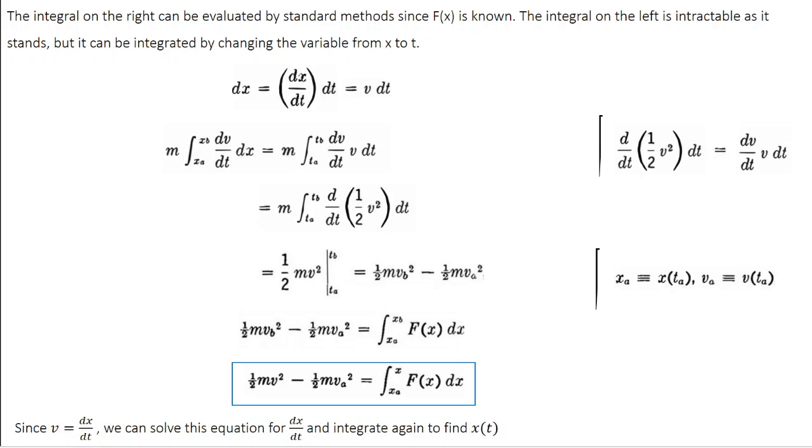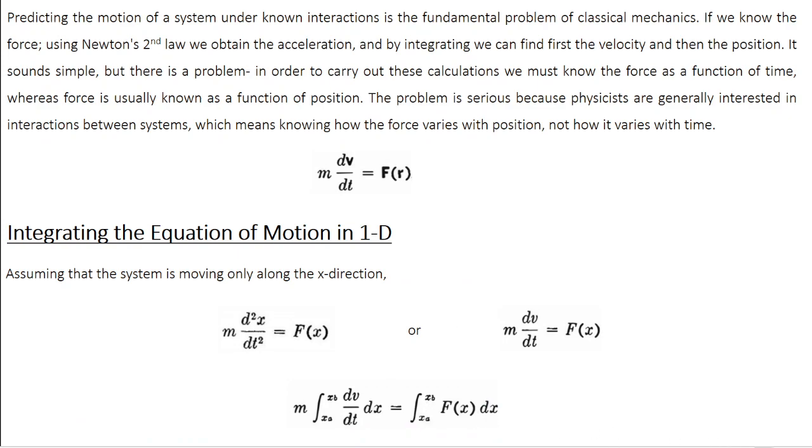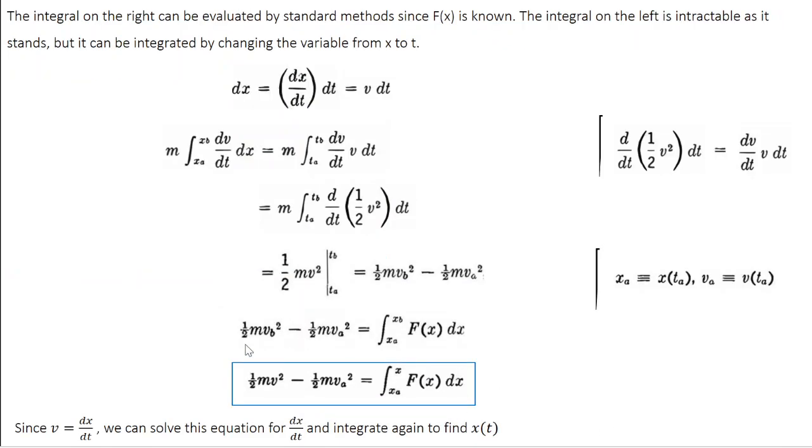So let's substitute everything back into our original equation now. So my equation of motion now becomes half m vb square minus half m va square equal to integral xa to xb f of x dx.